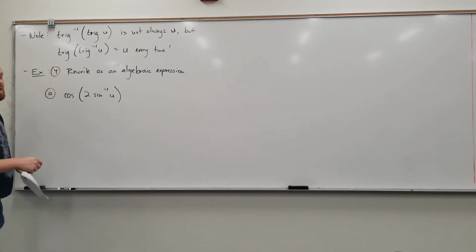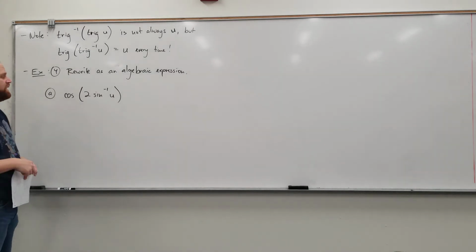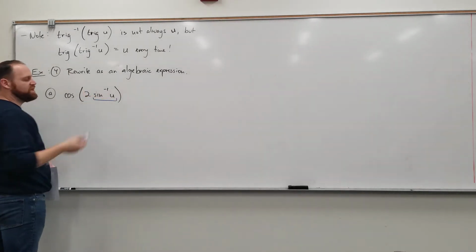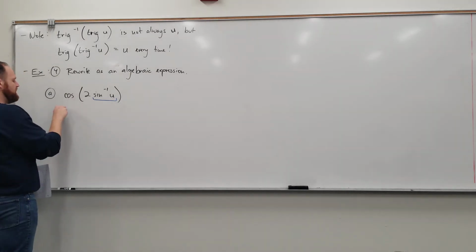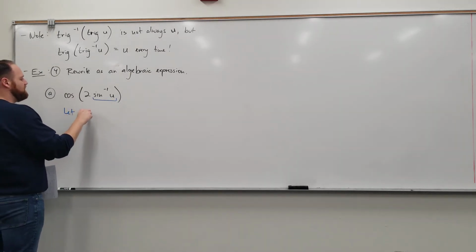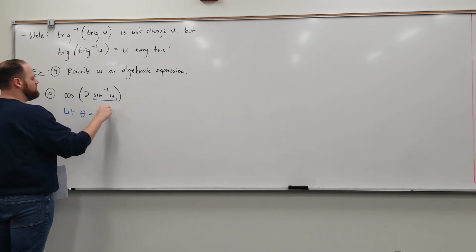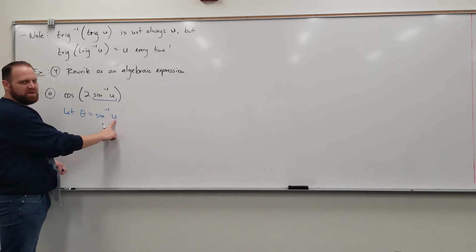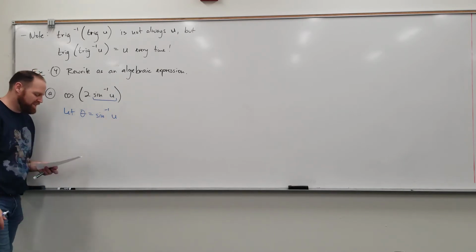So I'm going to do the same trick that I've been doing. I'm going to say this thing right here is just an angle, right? So I'm going to say let theta equal sine inverse of u. I don't usually write my u's with a little stem, but I think if I don't write them with a stem, it looks more like a v. So I'm trying to change the way that I write them.